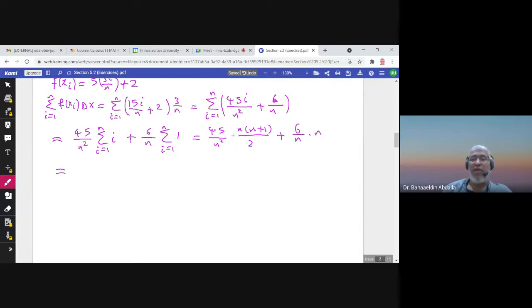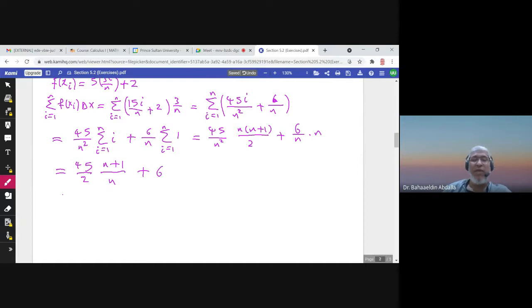So n cancels with n squared, and I will have 45 over 2, and I have only n plus 1 here, and here n cancels with n, and I have 6.